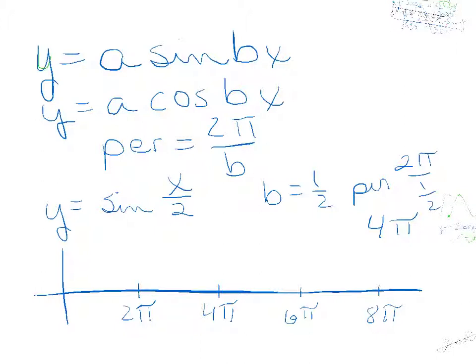Halfway in between the x-intercepts is pi here, and that's going to be where my maximum is. This is 3 pi, 5 pi, and 7 pi. The amplitude here is 1. So we start here.